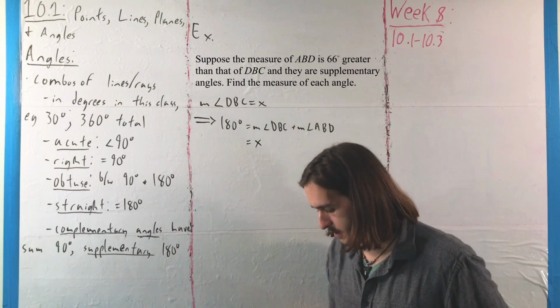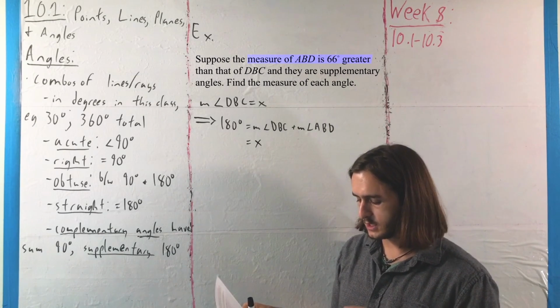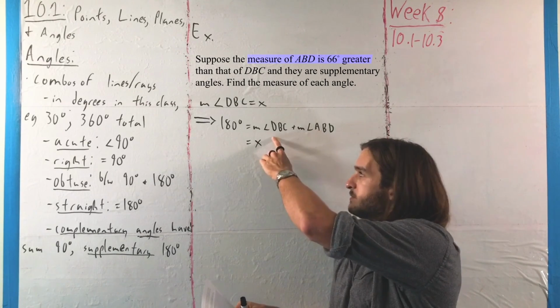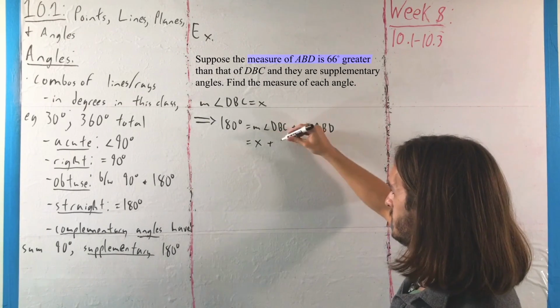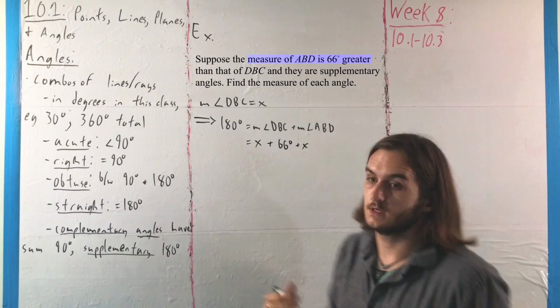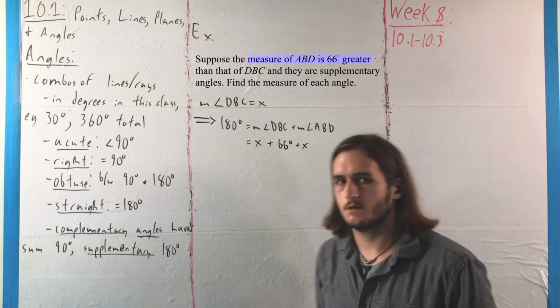And then for our second part, we have that the measure of ABD is 66 degrees greater than DBC. So if I called DBC X, then ABD will have measure 66 degrees plus X, because it's 66 degrees bigger. And then from there, we can pull these terms together and simplify.